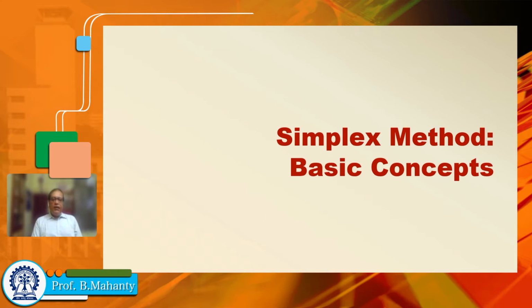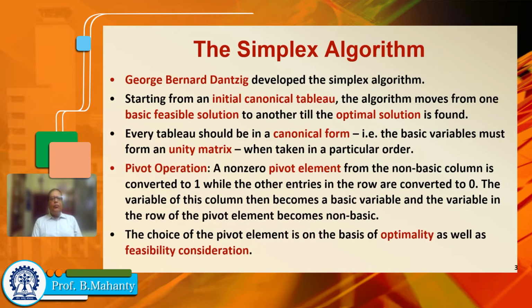So we have already seen that we need a better method, and we have already seen that one of the basic feasible solutions becomes the optimal solution. So how all these things can be put together into an algorithm, that is actually our simplex algorithm.